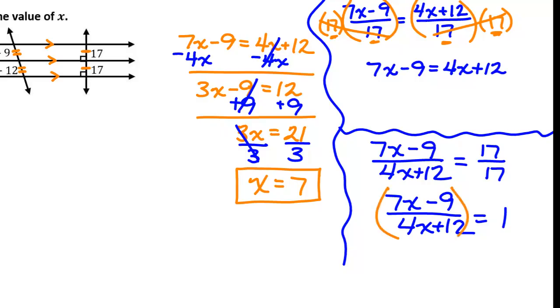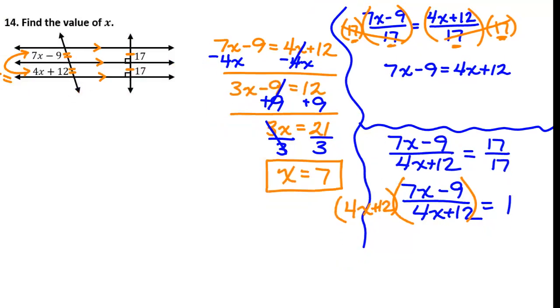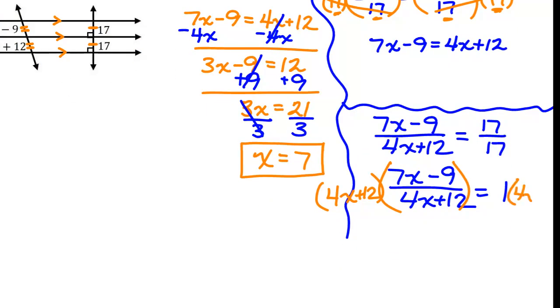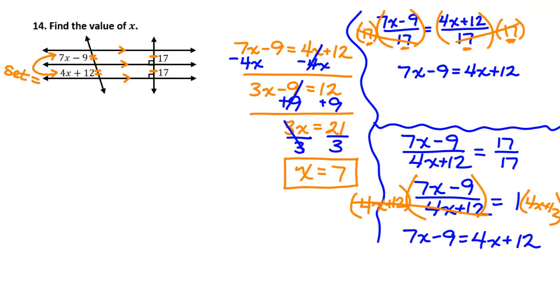And then you multiply both sides by your denominator of 4x plus 12. Cancels with my denominator there, and I get 7x minus 9 equals 4x plus 12. So no matter which way you set this up, you end up in the same spot where I started my first demonstration of this problem.